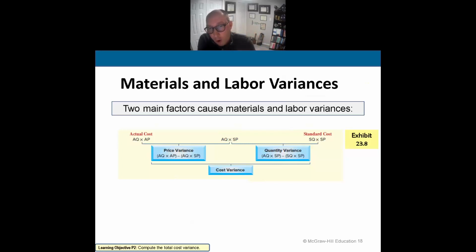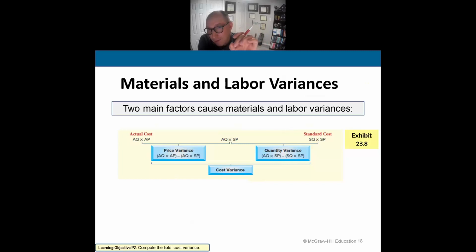To find the quantity variance, which is the difference in quantity, we take the actual quantity I actually bought times the standard price, minus the standard quantity times the standard price.